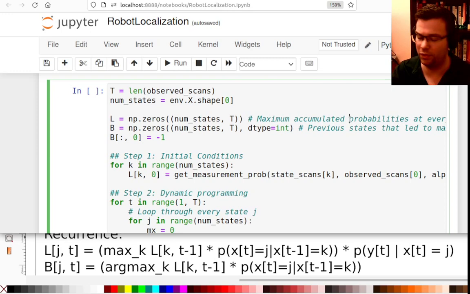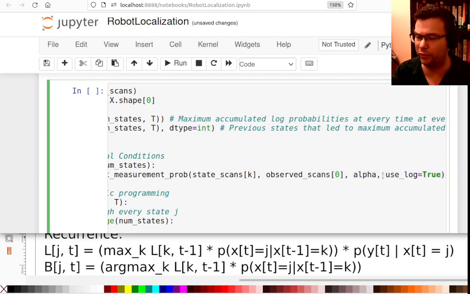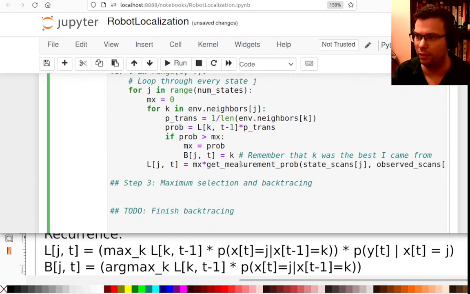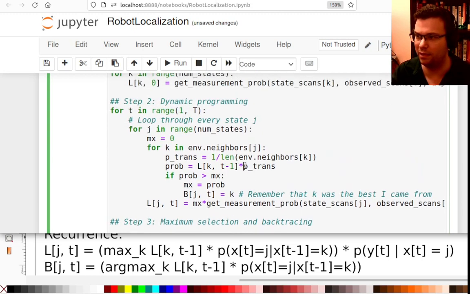So I'm actually going to make this be a log probability that I'm storing instead of a straight up probability. So I have a little flag for the measurement probability that'll return the log. I just need to then update this instead of times to be a plus, because when I take the log, it turns into a plus.